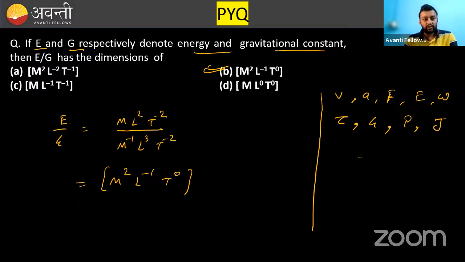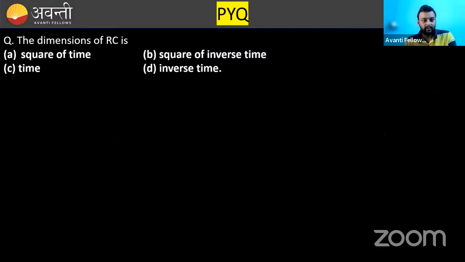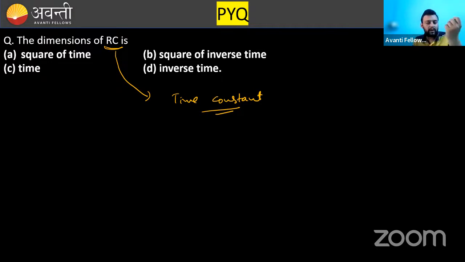This is a very fundamental question. This question was asked in the NEET examination. This is again a fundamental thing we should remember, the dimension of RC. The first thing you should remember is that RC is called the time constant. You don't need to calculate this dimension separately, finding the dimension of R, then the dimension of C, and putting them together.